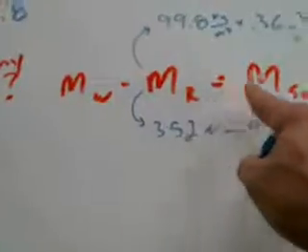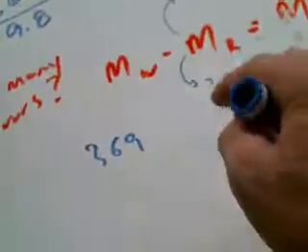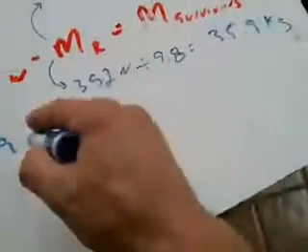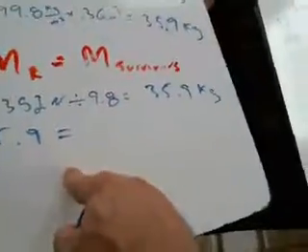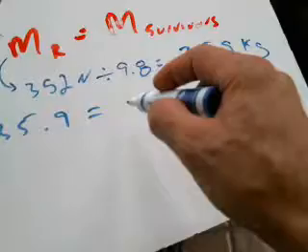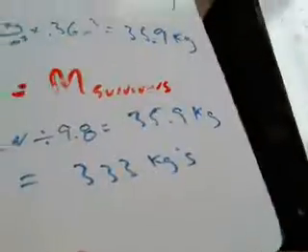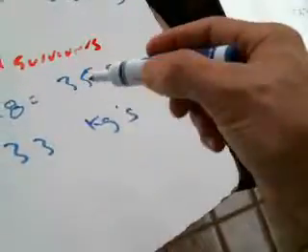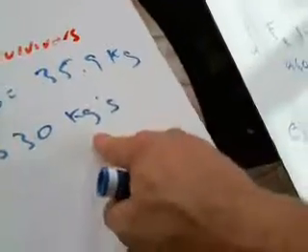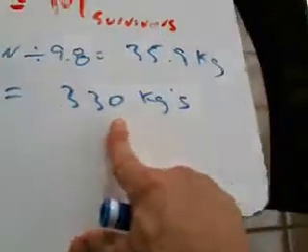So the mass of the whole thing, then the mass of the survivors, if I take 369 minus 35.9, I will get the mass that it can support in addition to itself, which is around 330-ish kgs. It depends on how you round.